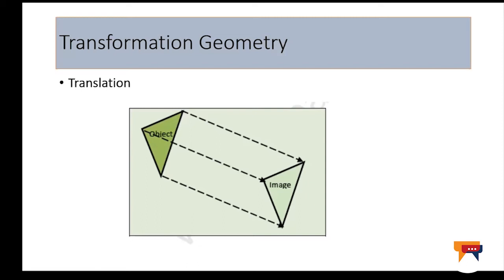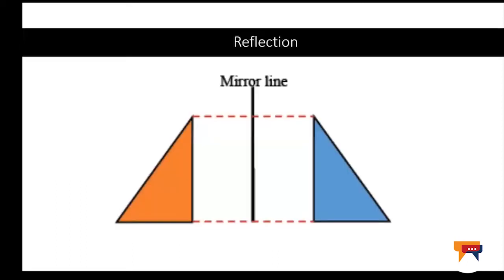When an object undergoes a translation, all points on the object move the same distance in the same direction. So in this case, we are guided by the arrows between the object and the image in order to understand what translation is about.